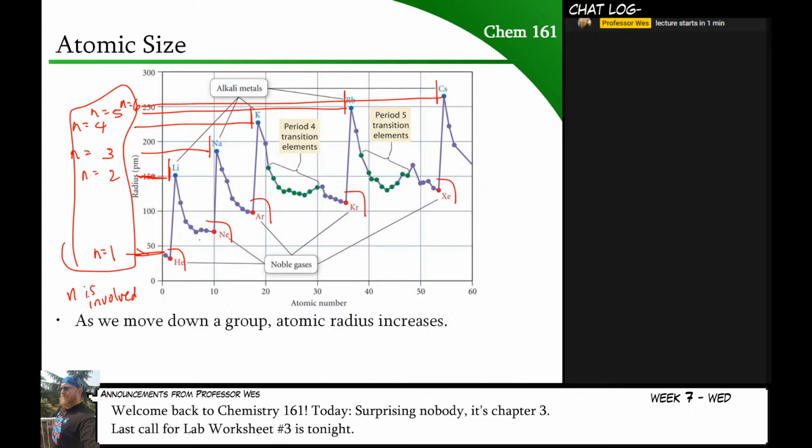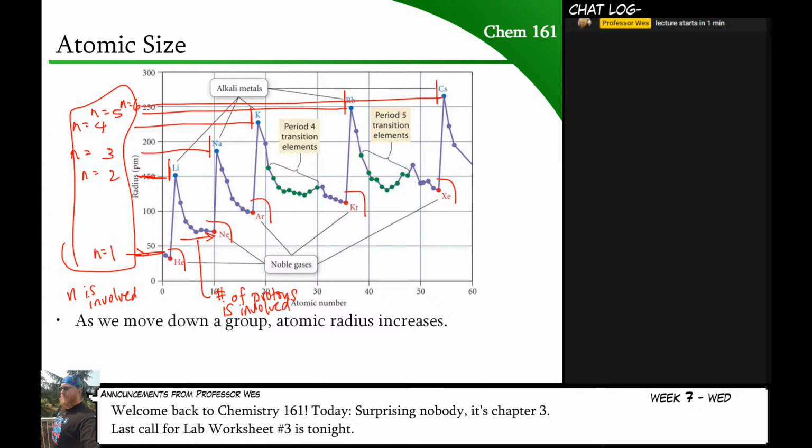And then what is happening as we go across each period? Well, not only are the number of electrons increasing, but the number of protons is increasing. So the number of protons must be involved, because what would make an atom smaller?